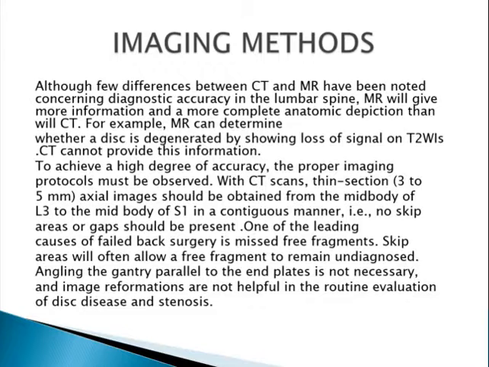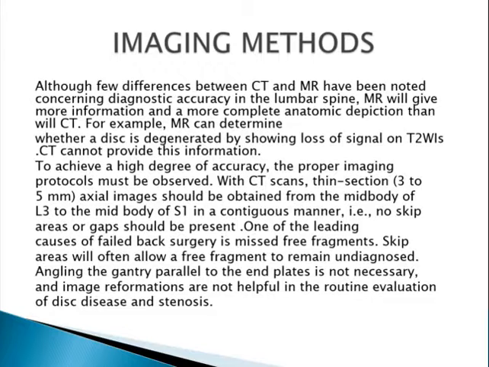Angling the gantry parallel to the disc or to the end plate is not necessary because we can reconstruct the images after acquisition. The thing is, if we do the images on the disc, we have an increased possibility of missing free fragments, but the time of imaging will be less.